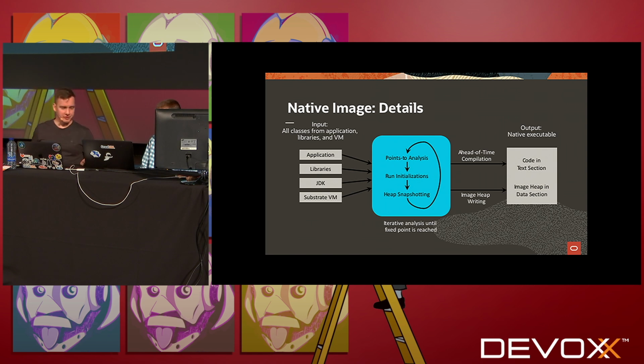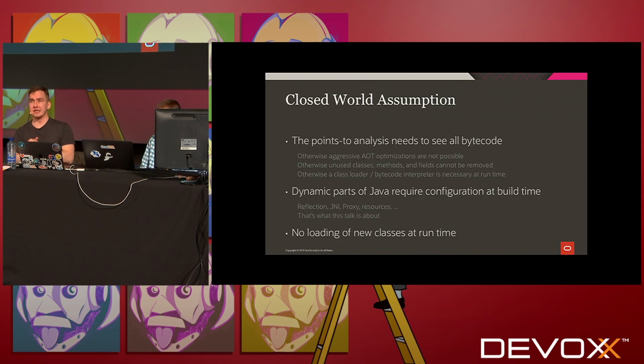The second most important thing is that there is a thing called the closed world assumption. This is an assumption that at the image generation phase, when we produce this binary, when we compile ahead of time, we will see all the bytecodes that will ever run in the application. All of those are reachable, and no other bytecodes will appear out of nowhere at runtime.